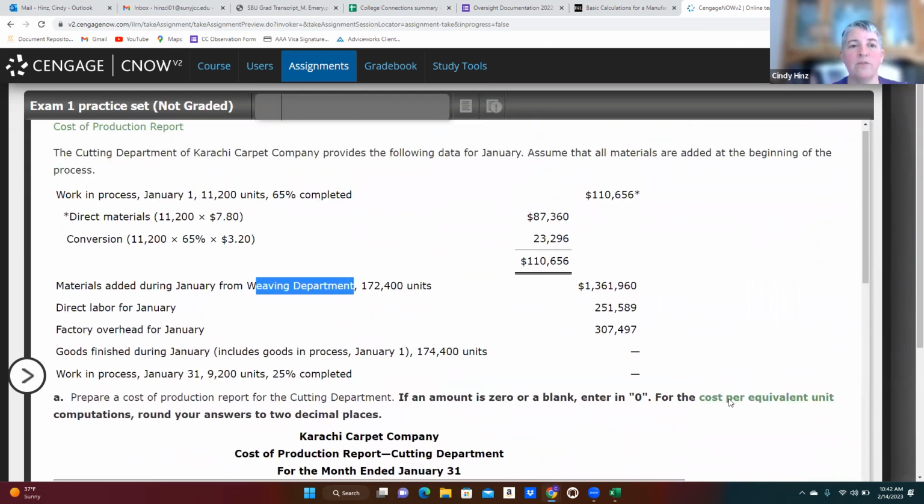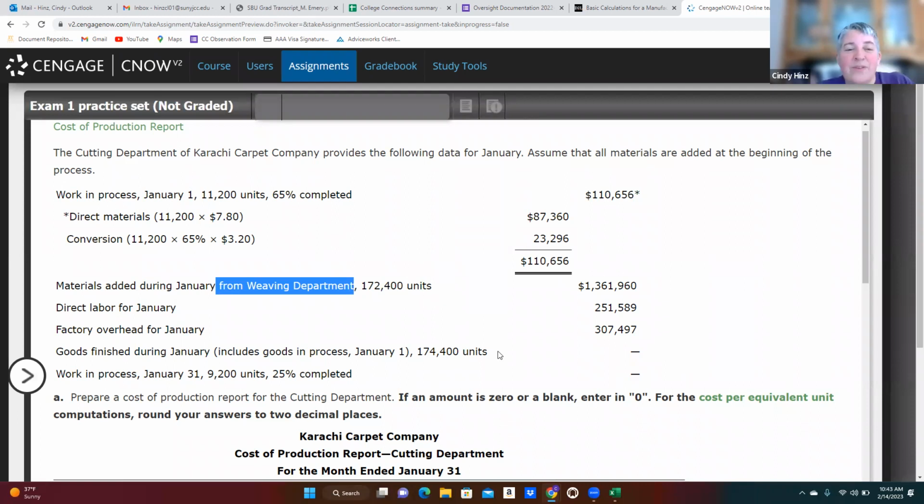Let's just look at the information that's given here. We're looking at the month of January. And you'll notice that materials were added from the weaving department. So this is a two-step process, it appears. The material starts in the weaving department, and presumably in the weaving department, they weave the carpet.